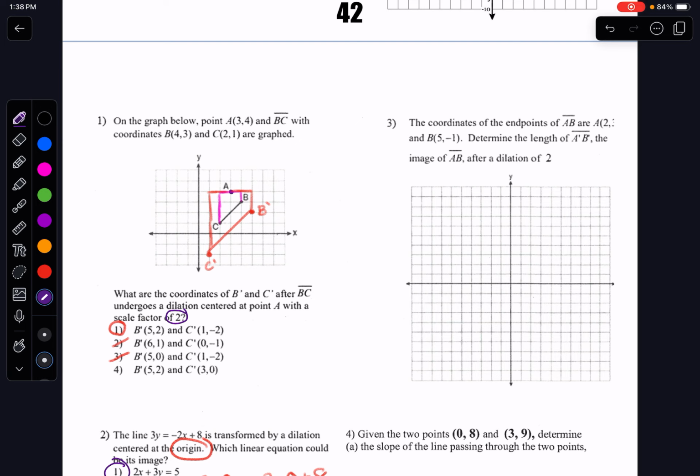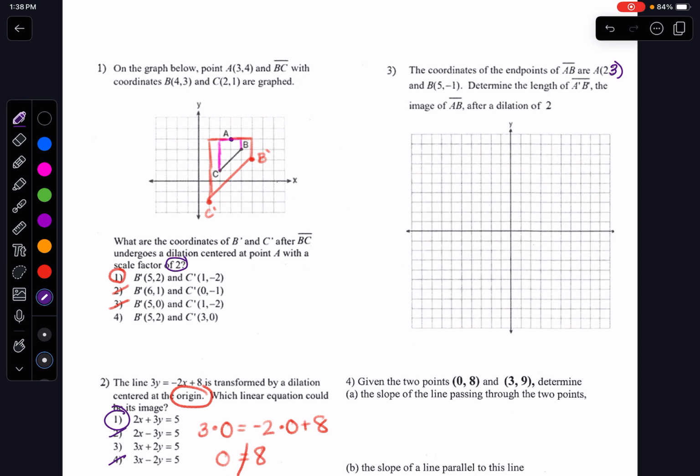The coordinates of the endpoints A and B are A (2, 3) and B (5, negative 1). Determine the length of A'B', the image of AB after a dilation of 2, centered at the origin. So we're starting at (2, 3), and B is at (5, negative 1). And let's dilate this by the origin.